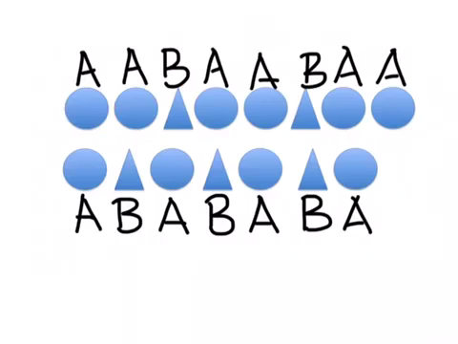It has 2 circles and 1 triangle, where the bottom pattern only has 1 circle and 1 triangle. The top pattern is an AAB pattern, and the bottom pattern is just an AB pattern. That's how we would describe the differences between these two patterns.